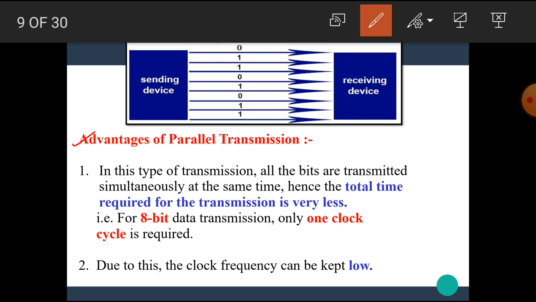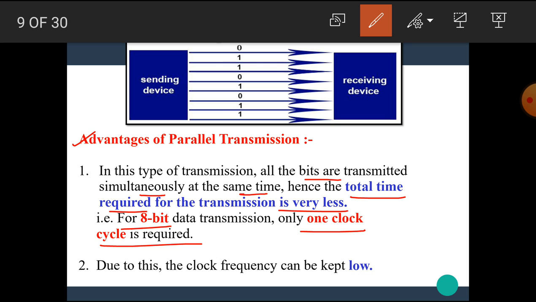Let's see the advantages of parallel transmission. In this type of transmission, all the bits are transmitted simultaneously at the same time. Hence, the total time required for the transmission is very less. That is, for 8-bit data transmission, only one clock cycle is required.